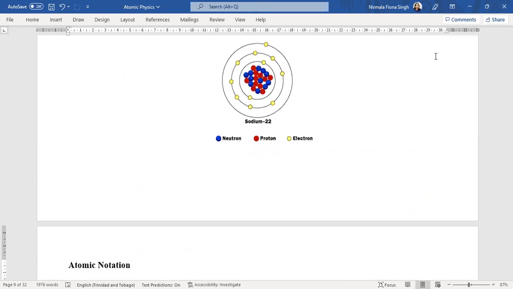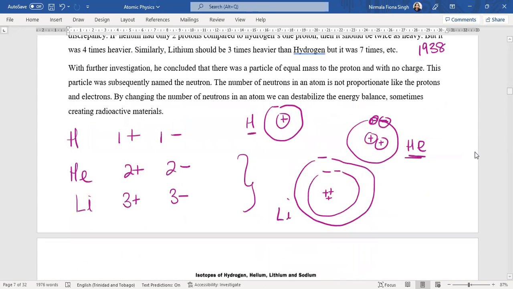So if it is 1938 times heavier than the electron, we don't consider electrons for masses. So they assumed that helium would be twice as heavy as hydrogen, and they assumed that lithium would be 3 times heavier than hydrogen.